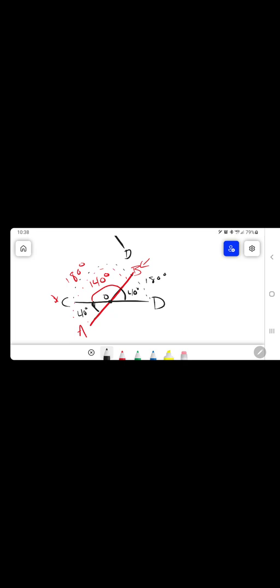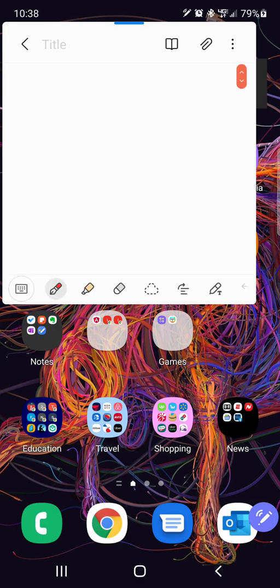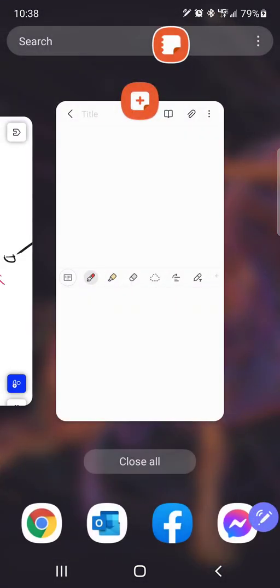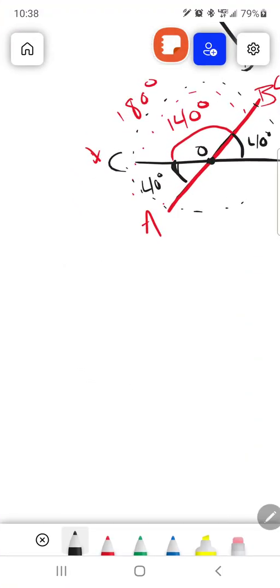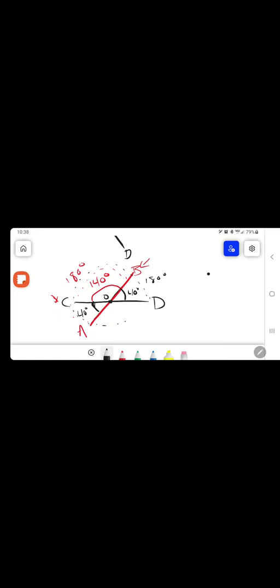Okay? If we look at the opposite side of this, we know that this has to be 180. Therefore, this 40 plus whatever this is has to be 180, so that's going to be 140.